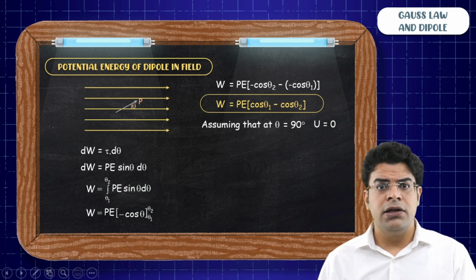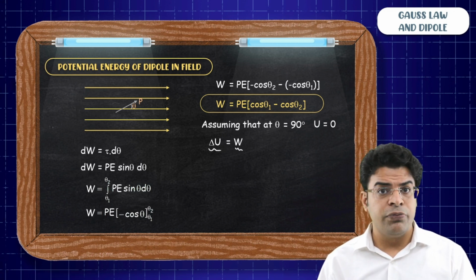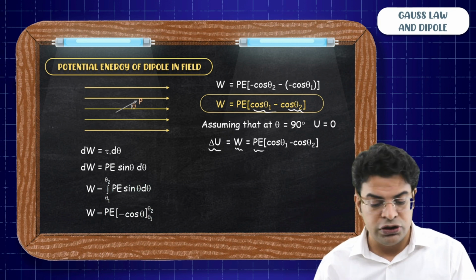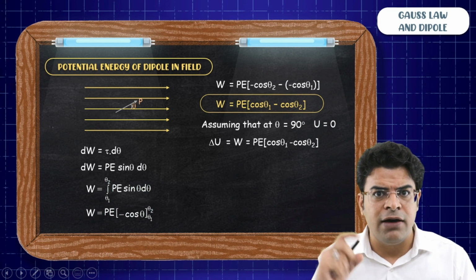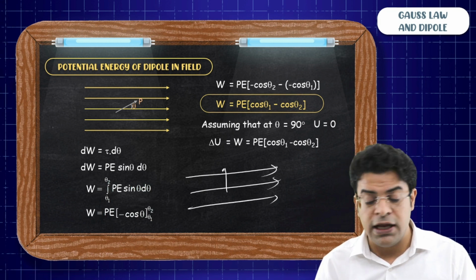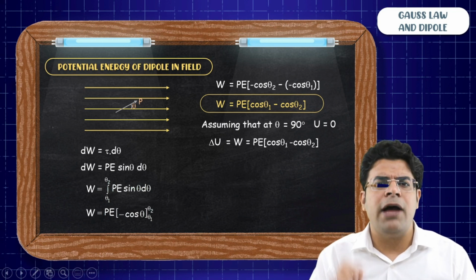We know that the change in potential energy equals the work done by the external agent, and that has to equal Pe into cos theta 1 minus cos theta 2. Now let's assume the initial position theta 1 is 90 degrees, for which we have assumed the potential energy to be 0, and theta 2 to be some random angle theta.